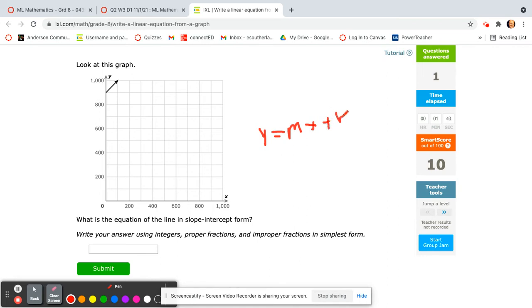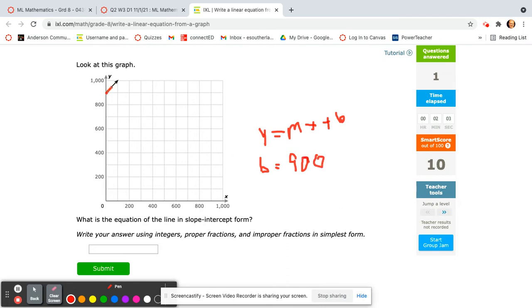And so we want to find the b first. And so the first thing we're going to do is find the y-intercept. And so I noticed that it's counting by 100. So right here's where it is the y-intercept. It is 900 there. And it is important that you realize that it is 900.